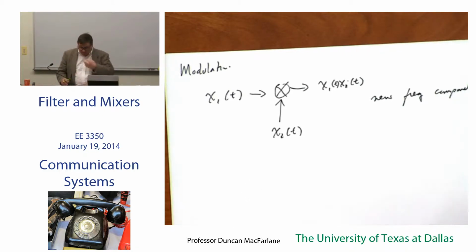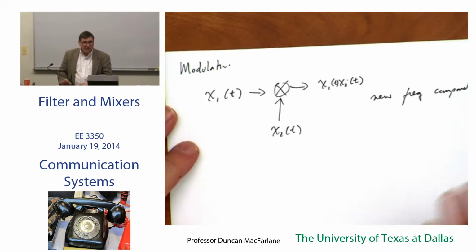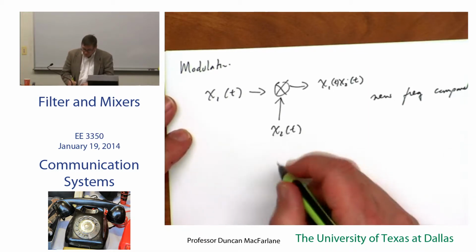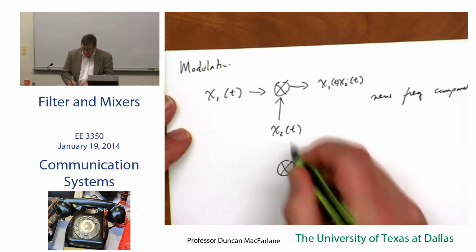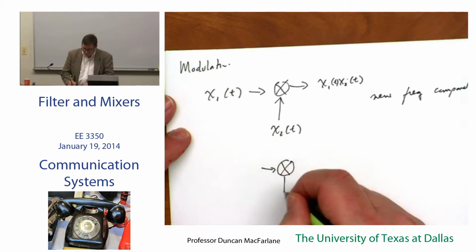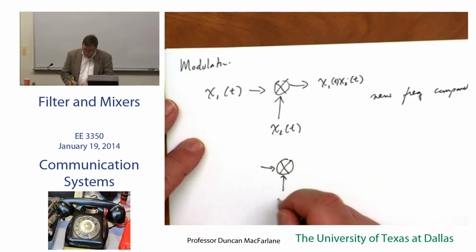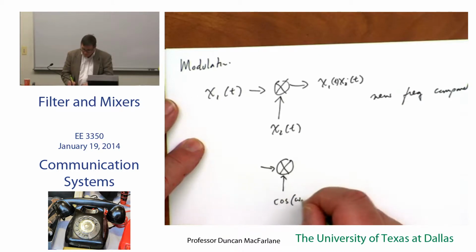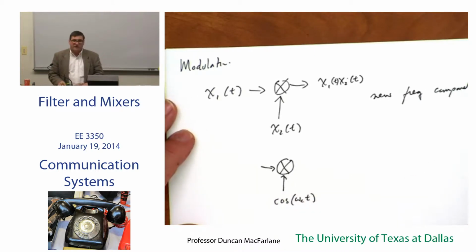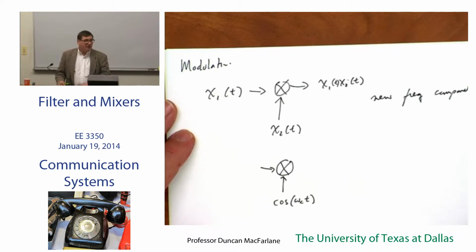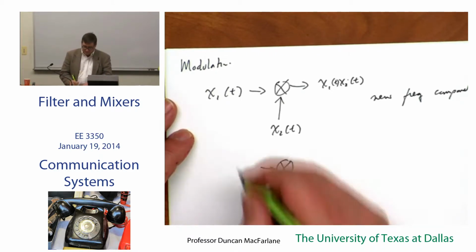Now, to be specific about this, we don't generally have an arbitrary signal on one of our branches. What we generally have is a carrier signal, a cosine. And so this is cosine omega_c t.